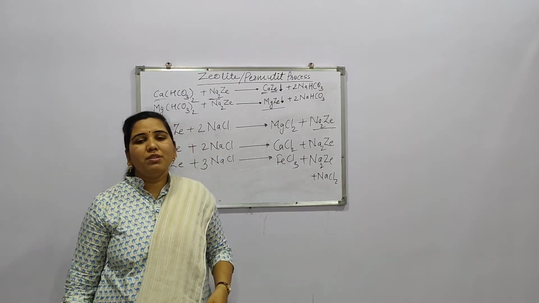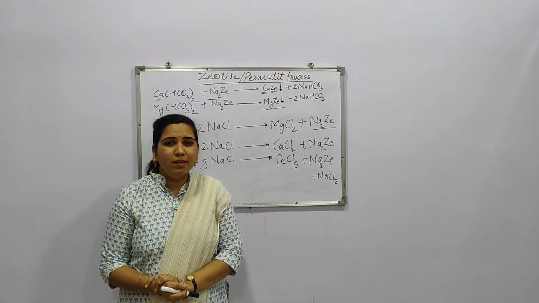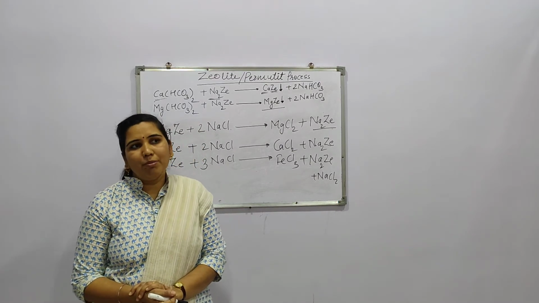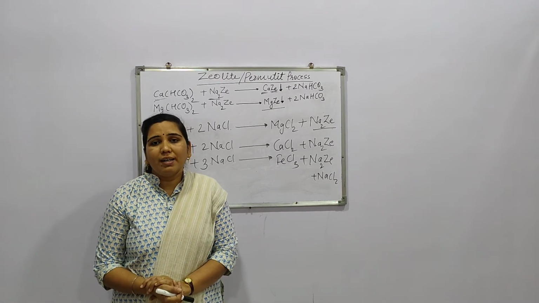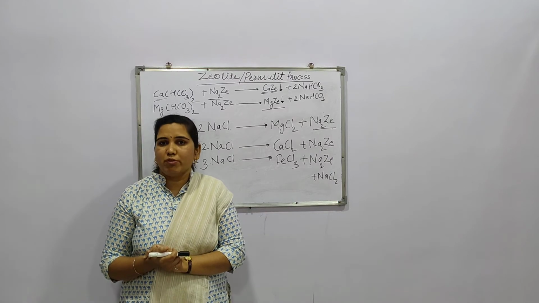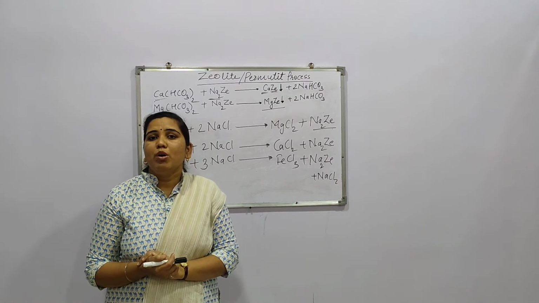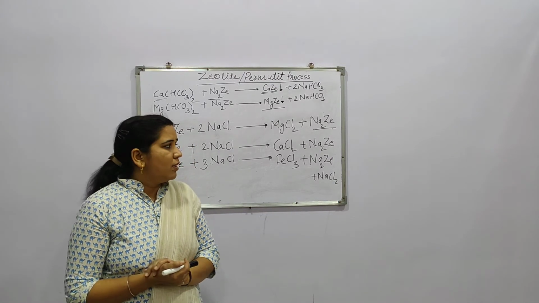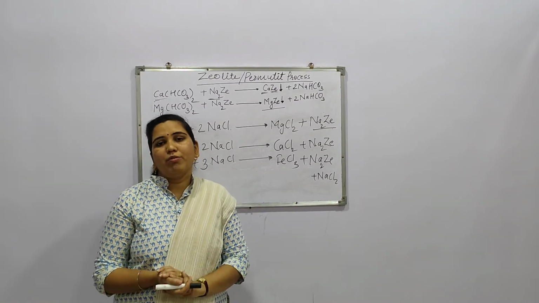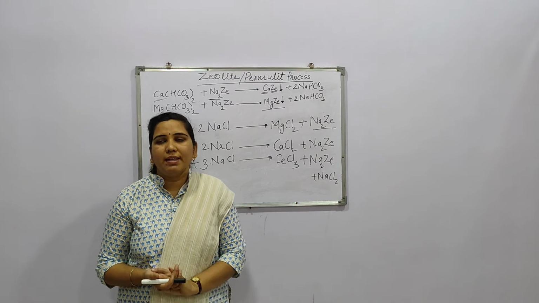Now the zeolite process removes the impurities of positively charged ions very easily, so it is a very reliable process. It can be used on a large scale in different industries or factories where there is a need for cleaned water. Nowadays there is a lot of sewage, or we can say water pollution.